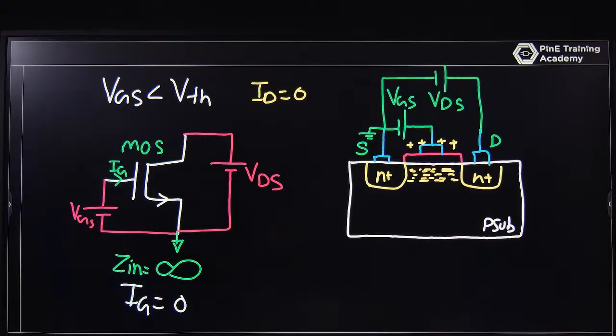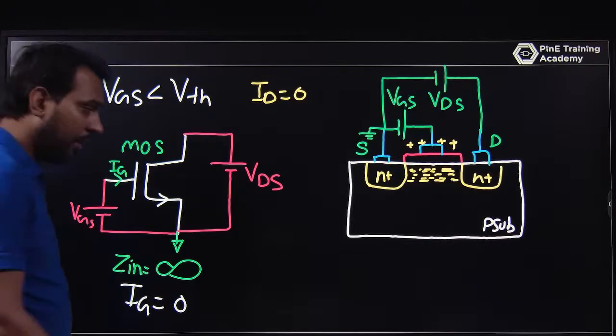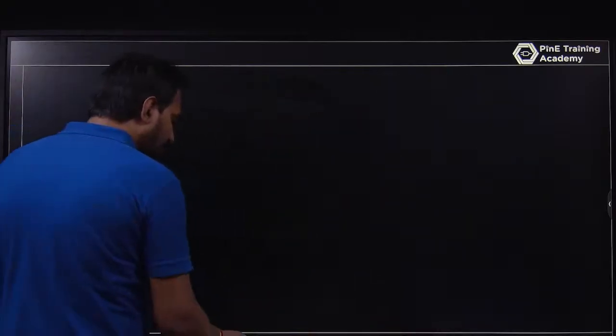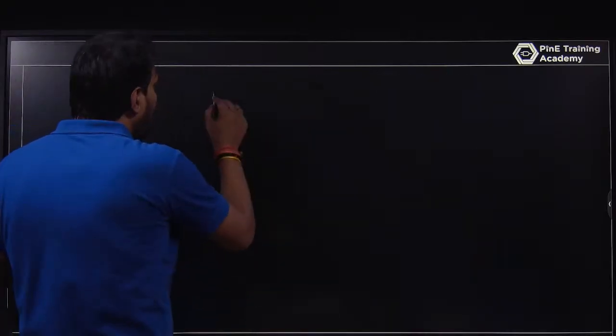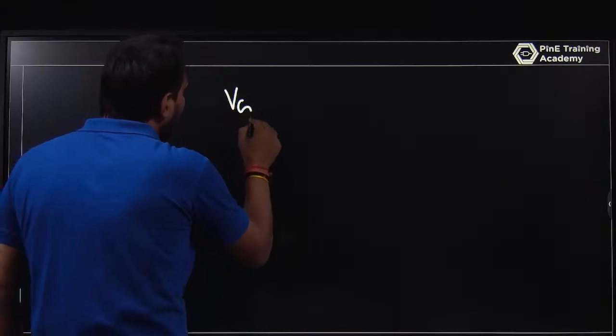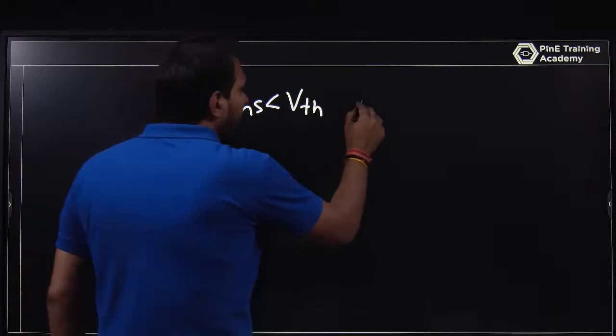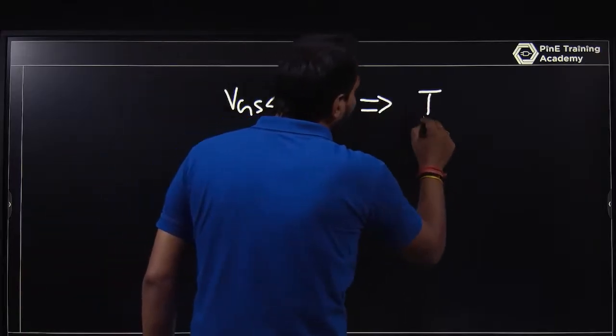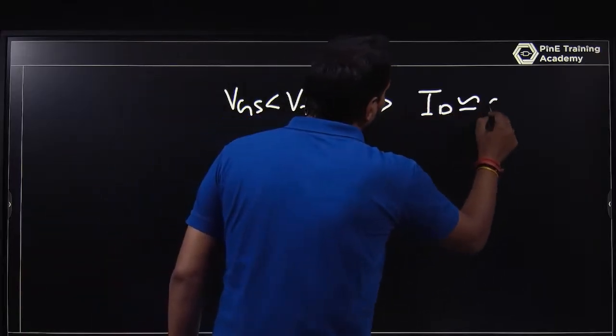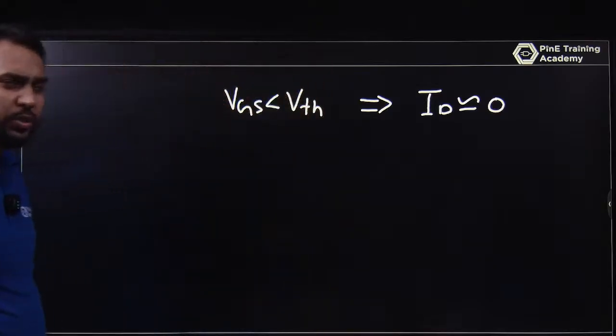And the drain and source voltage will decide how much current can flow. I can explain it this way: if VGS is less than VTH, then ID is approximately 0, that is, a very small current.